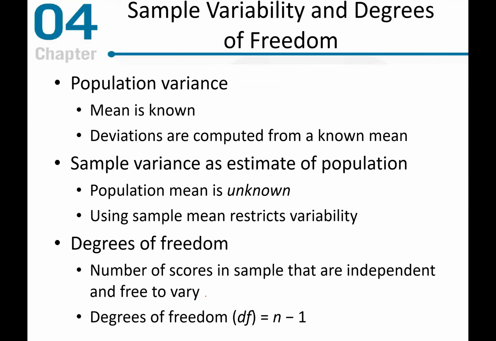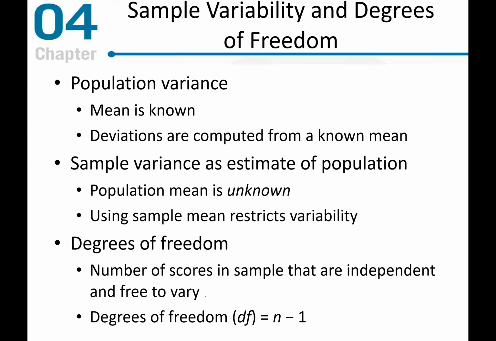If we calculate the population variance, it means that we have collected the measurements of everyone in the population on a particular variable and gotten a score for it, and then we added up the scores and calculated the variance, right? And so the deviations are computed from a known mean. We have the information for the mean already, so we know the deviation scores, all right?